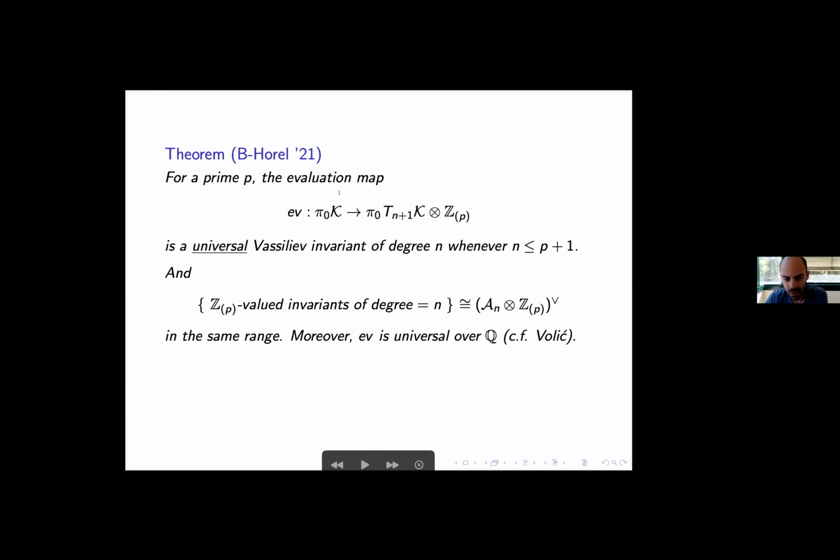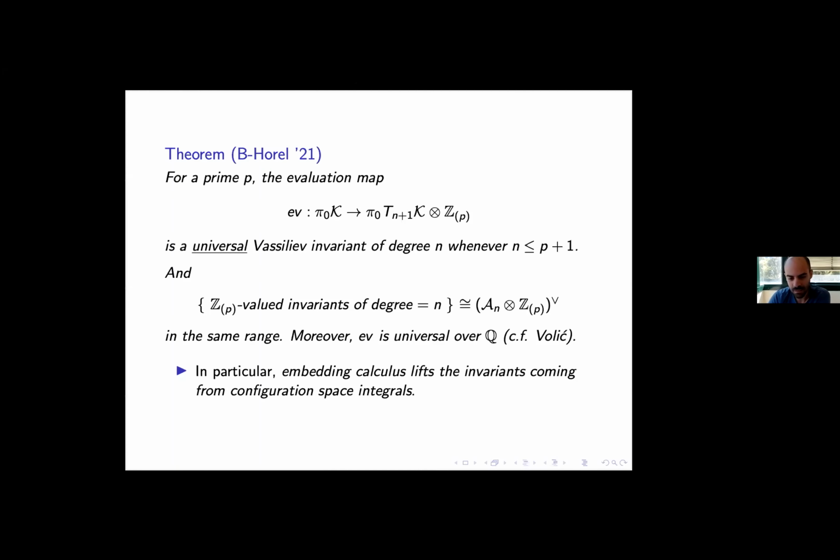And in fact, you cannot really deduce it directly from this theorem, but from the methods, you can show that in fact you get universality over the rational numbers as well, without any restrictions. Well, essentially, the embedding calculus lifts the Kontsevich integral, okay? So it gives you at least as much as the Kontsevich integral. It might give you more.